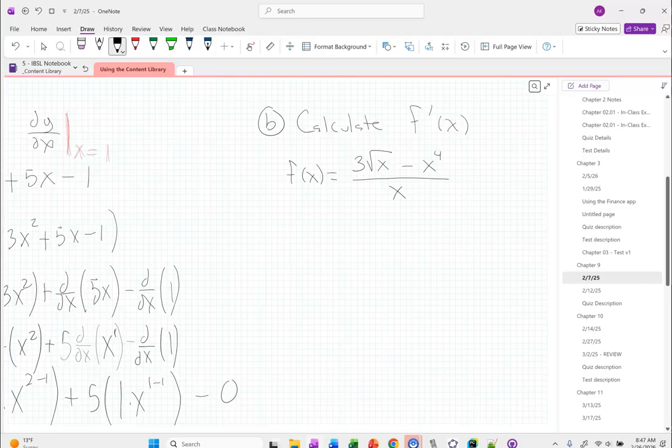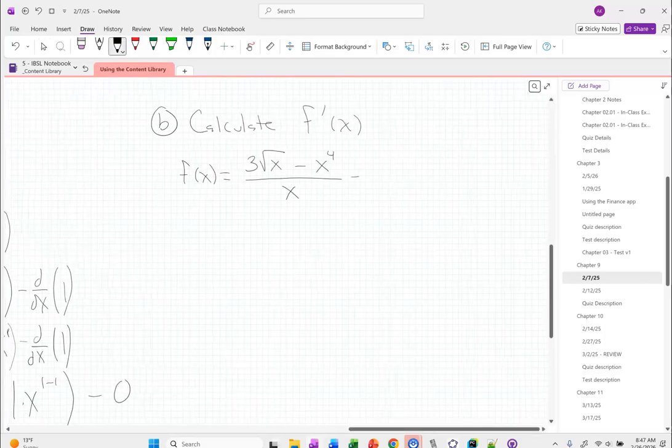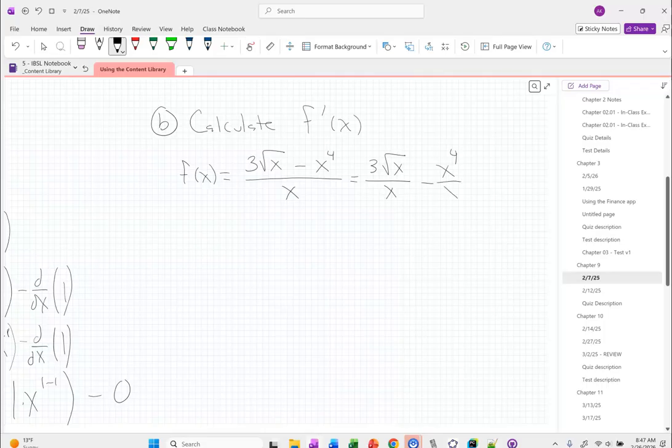So notice that the denominator in this fraction is a monomial. So we can rewrite this this way, right? Everybody's good with that? Since the fraction was a single monomial, I can just write both terms of the numerator over the denominator.